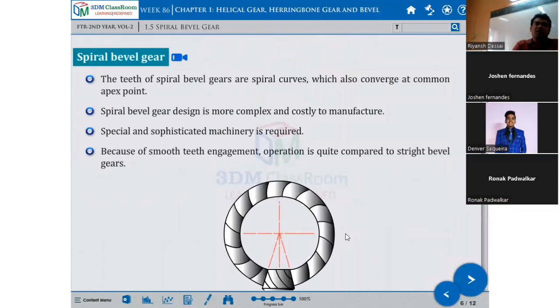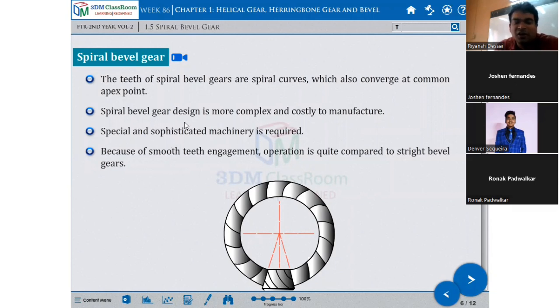Spiral gear, double helical gear, and next another product called herringbone gear. Among bevel gears, we have other products also. The spiral bevel gear is one example. The teeth of spiral bevel gears are spiral curves, which also meet at a common apex point.